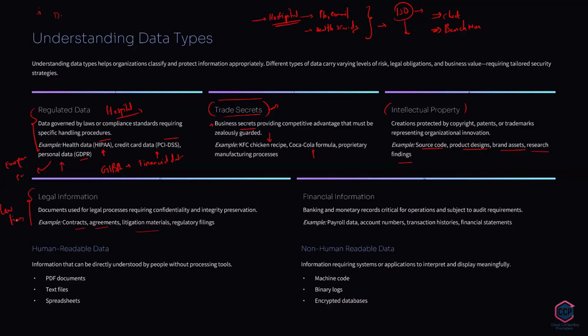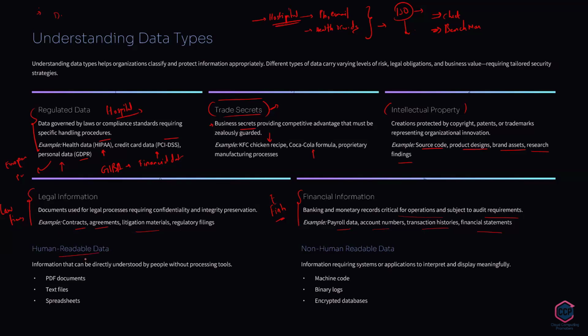And financial information is where e-commerce or fintech companies come into the picture. Bank and monetary records are critical for operations and audit requirements. For example, payroll data, account numbers, transaction histories, and financial statements.